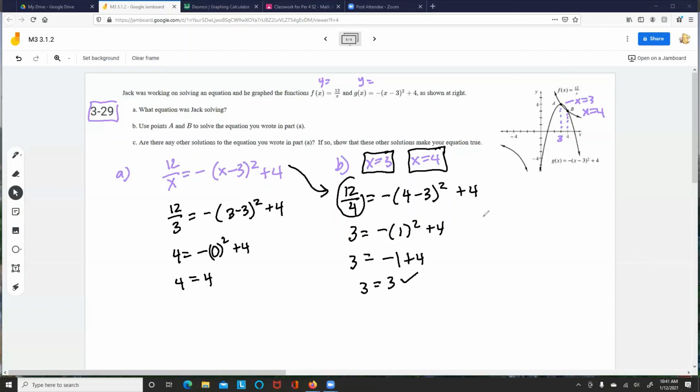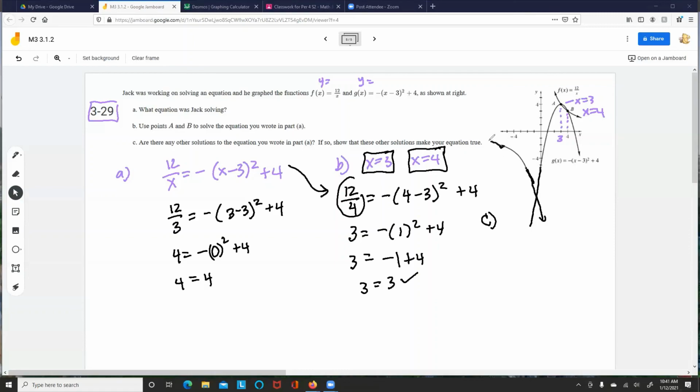Okay, but lastly, part C, are there any other solutions to the equation in part A? If so, show that these other solutions make your equation true. Well, what's happening down here? Let's see, we get continue, continue, continue. This continues, continues, continues.